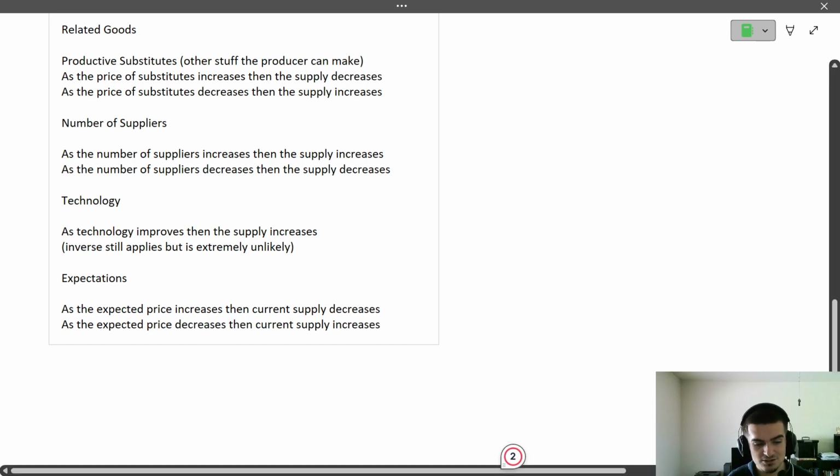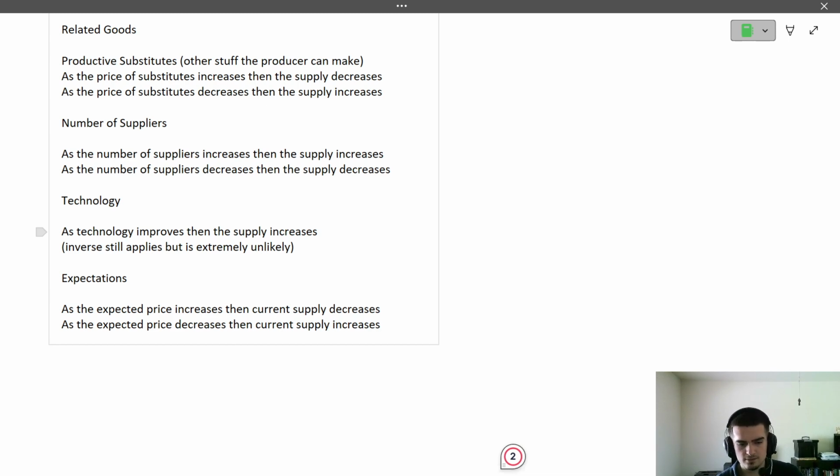Next is technology. Technology is one of those that's only really one way because the inverse never really happens. So as technology improves, the supply increases. If we think of maybe steel, prior to the Bessemer process, the supply of steel was much lower.